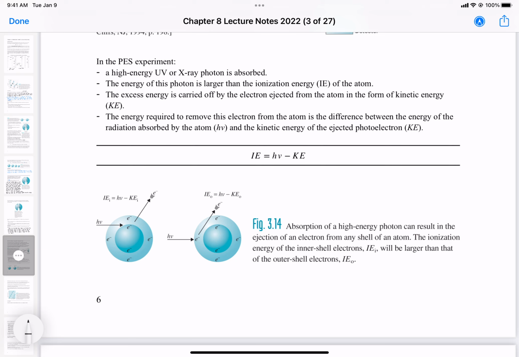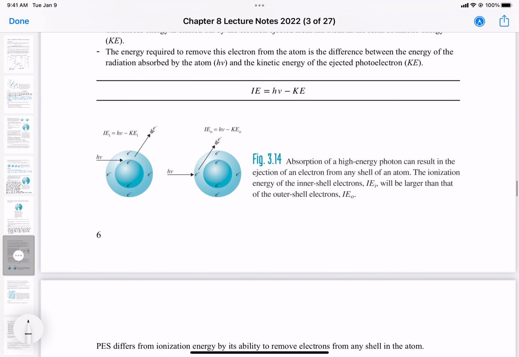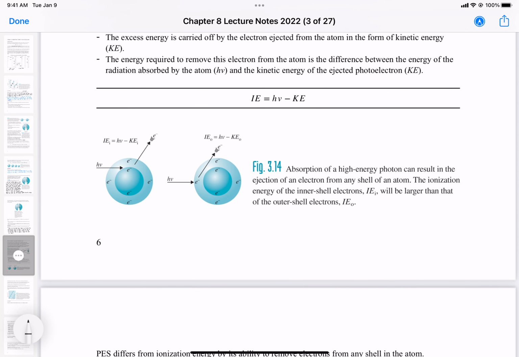Since the inner electron is held more tightly, it requires a larger amount of energy to remove than an outer shell electron, as we see in the second diagram in this picture. So that's how we determine the energies of these electrons.